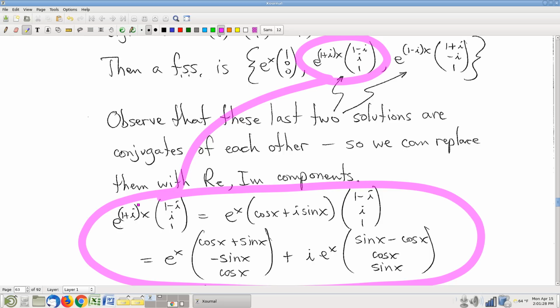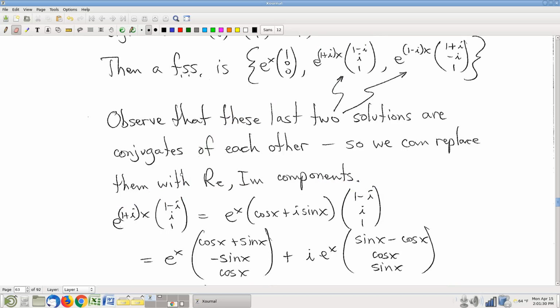Okay, so details. How do I deal with this function? How do I separate this out into real and imaginary parts? It's totally analogous to how we did it in chapter 4. Notice what we have here is a product of what I'm going to call a polar form complex number and a rectangular form complex vector.